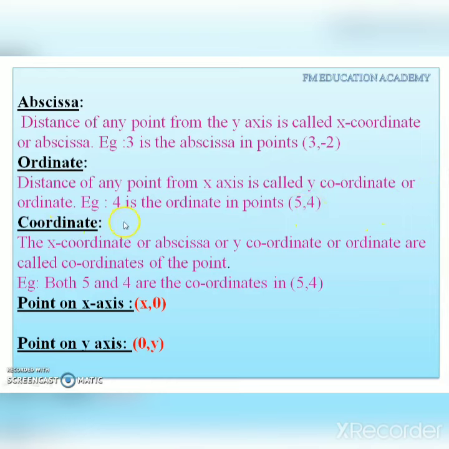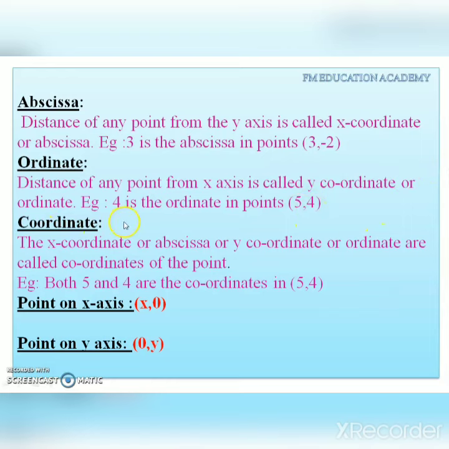Now what is the distance of a point P(x, y) from the origin O(0, 0)? Let us consider a line connecting the origin O and the point P(x, y). Here also I want to calculate the distance between the point P and the origin O. The distance OP is equal to, we know the general formula, root of (x2 minus x1) whole square plus (y2 minus y1) whole square.